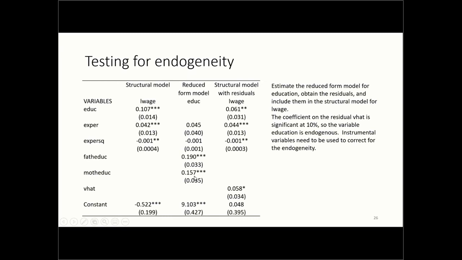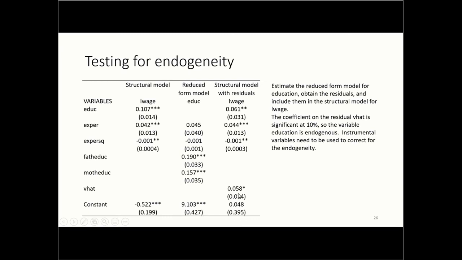And what we're going to be doing here is, instead of actually getting the education hat and putting it in the structural model, we would be getting this residual hat, and we would be putting this residual into the structural equation model. And we would be looking at the coefficient on this residual.